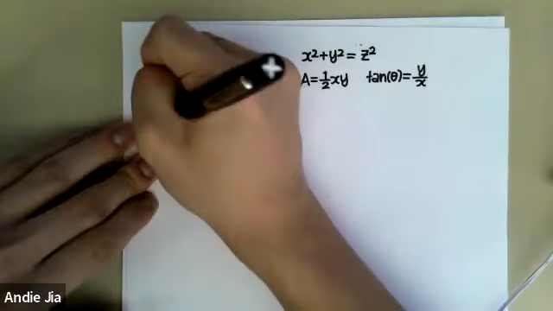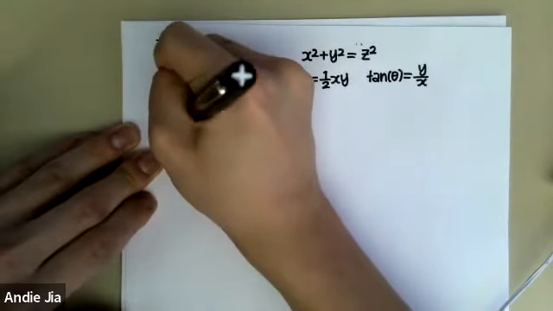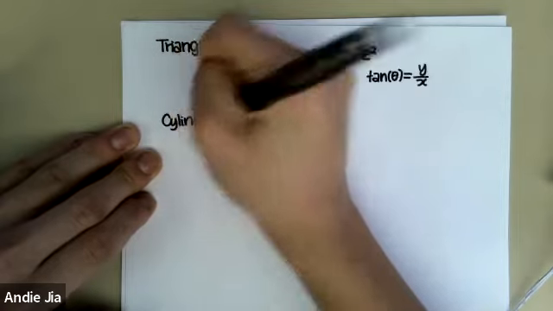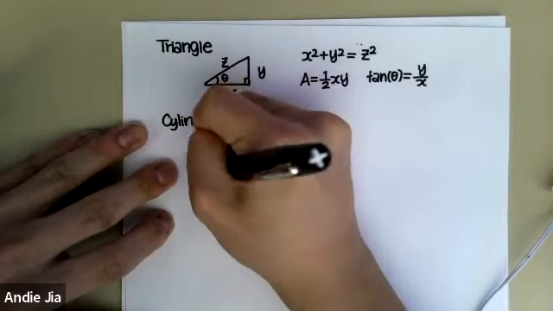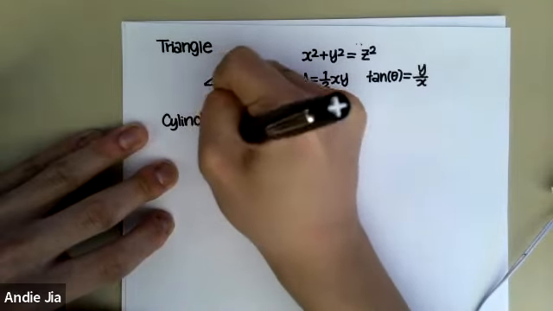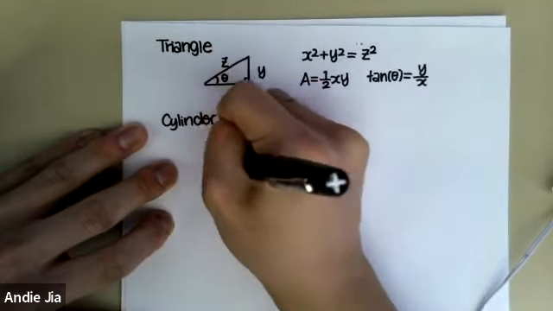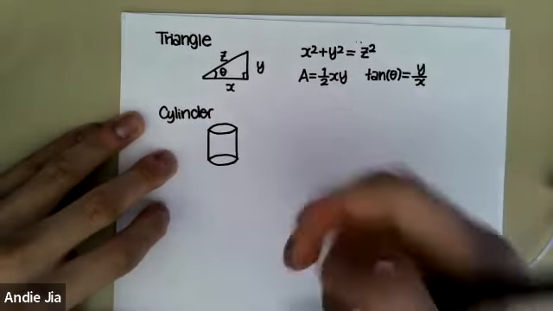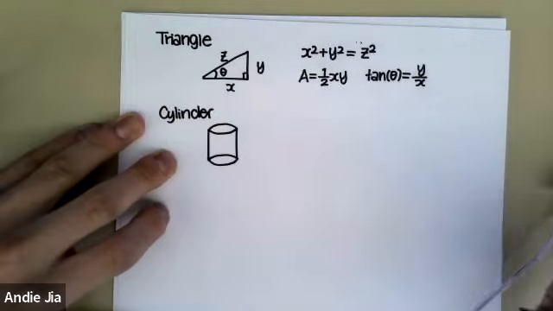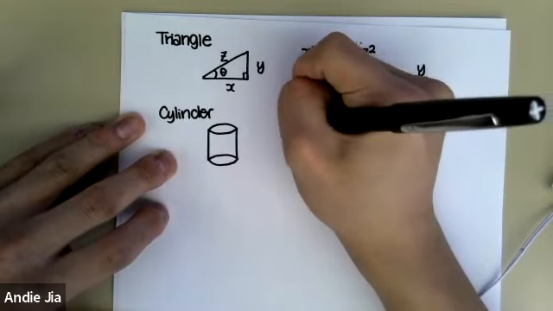If it's a cylinder, it's going to be a circle and a height.